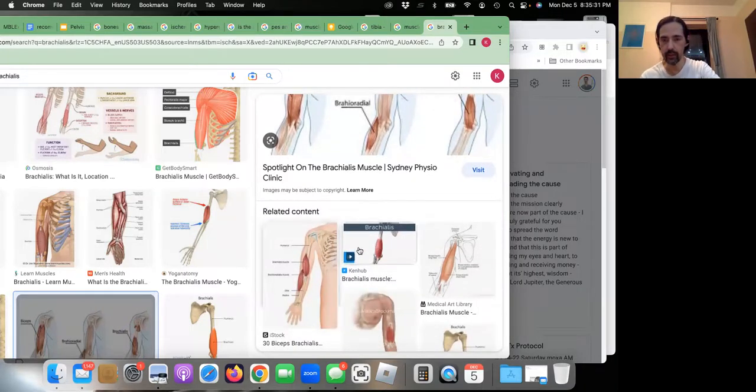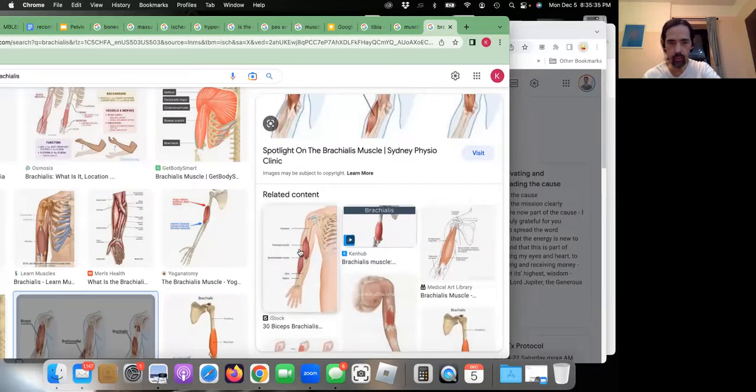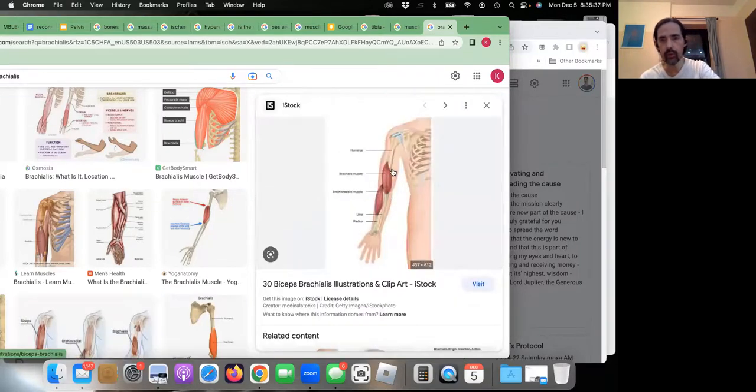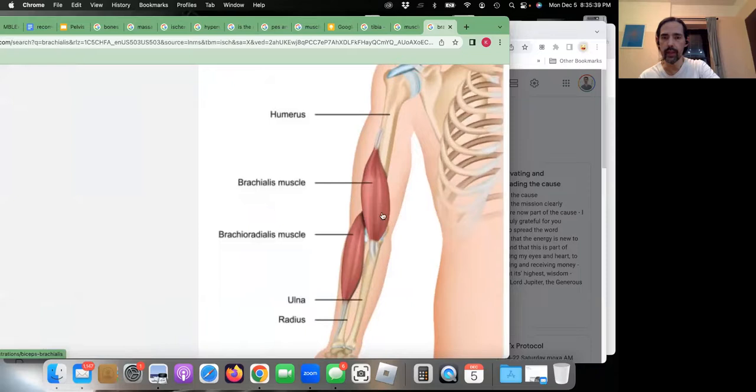Go down here. Here's the brachialis muscle, and then down along the forearm is the brachioradialis muscle, from the brachius to the radius. And above this, on top of that, would be the biceps brachii. Biceps brachii, brachialis, brachioradialis.